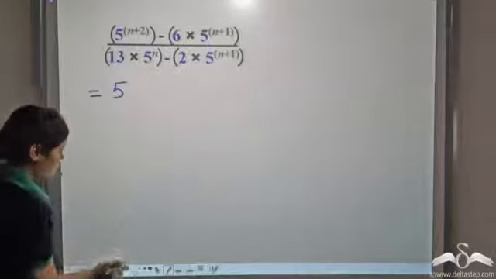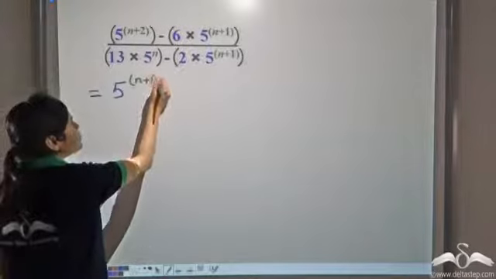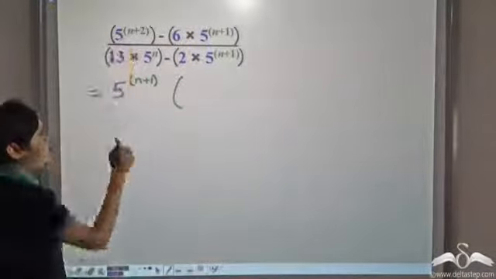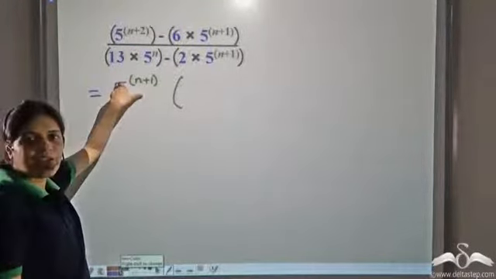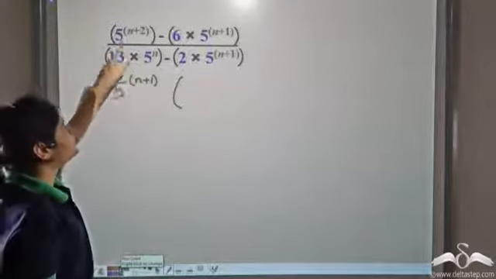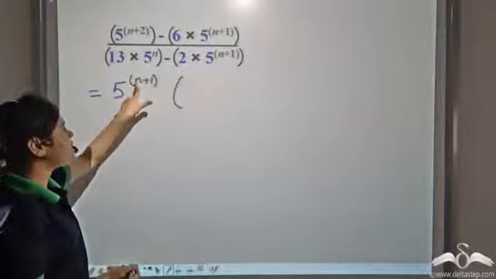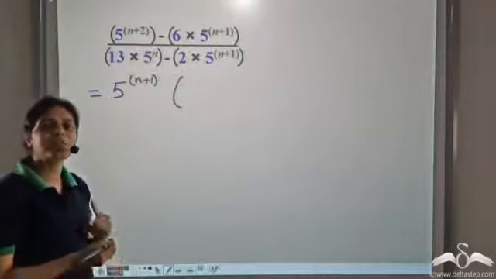5 to the power n plus 1 as common, and then this becomes, now 5 to the power n plus 1 into what will give us 5 to the power n plus 2? So we have already taken n plus 1 here. We need n plus 2. That is, we need 1 more.